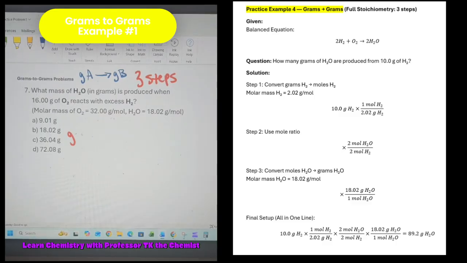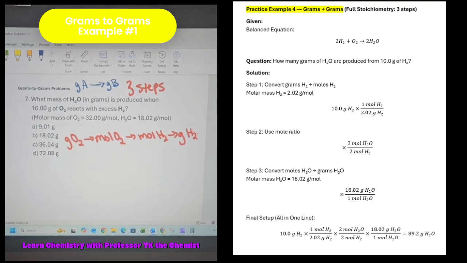You're going to go from a gram of oxygen to a mole of oxygen to a mole of hydrogen to the grams of hydrogen. Okay, those are your steps.